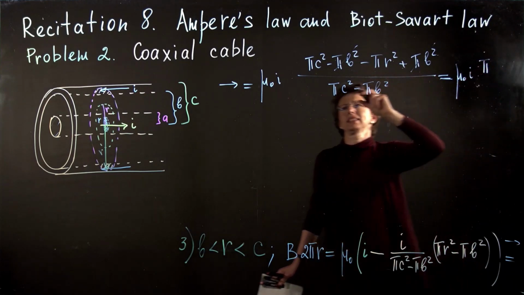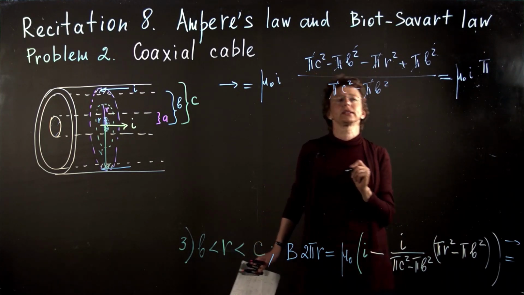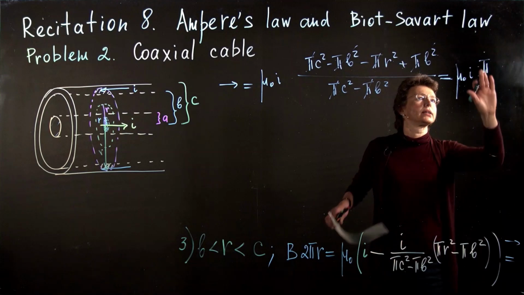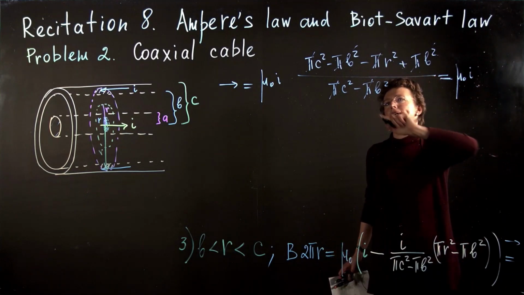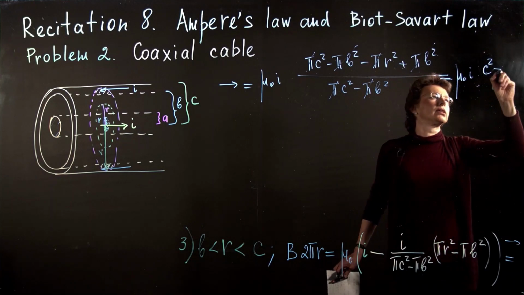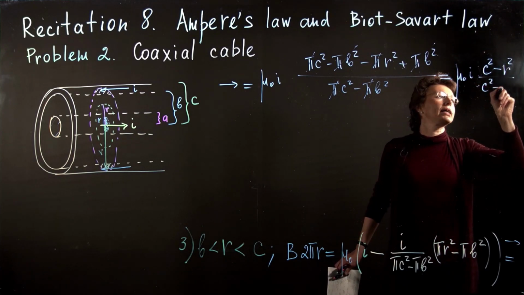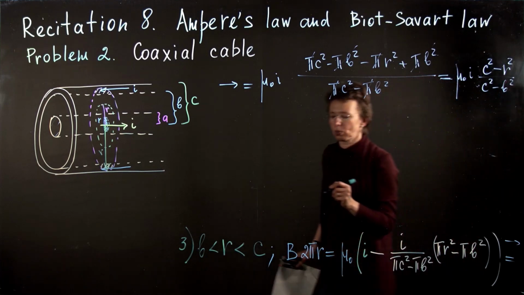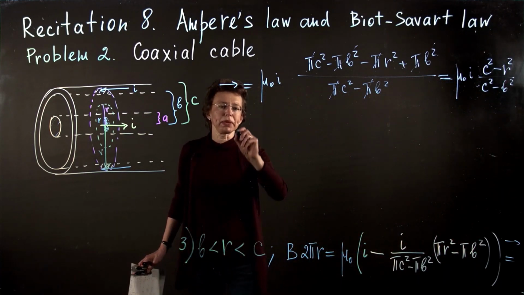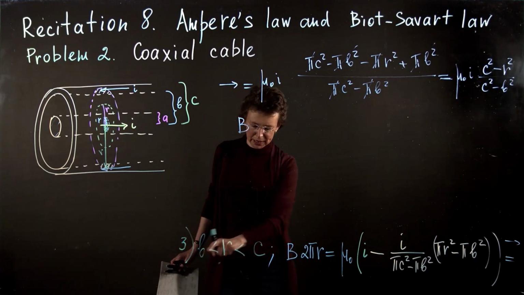Can I cancel pi? Can I do that? Yes. So I have pi, no pi. I have c squared minus r squared divided by c squared minus b squared. And now we will find B. So what will be B in this region between b and c?